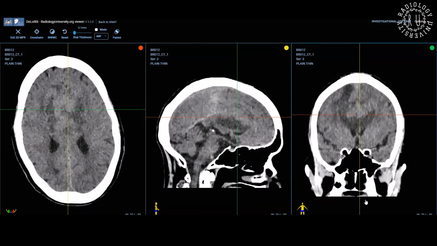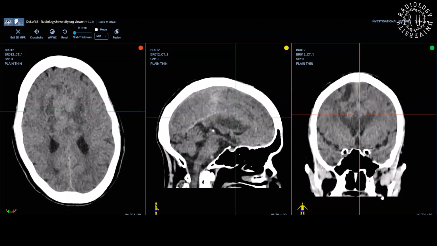In my usual practice, I would inform the referring clinicians of these findings and refer these patients for an MRI study for further delineation. For other complications, I will look for any brain herniation, but in the sagittal view, at least, there is no herniation that can be seen.